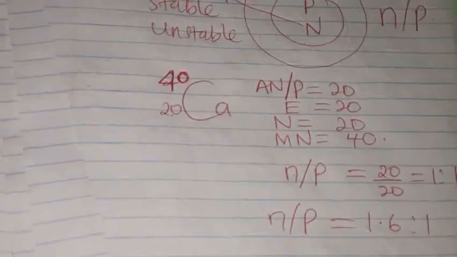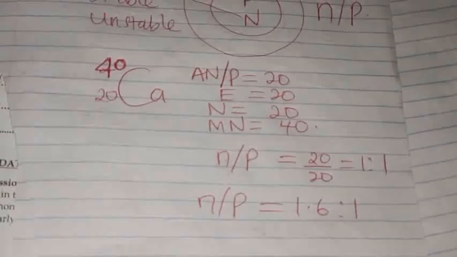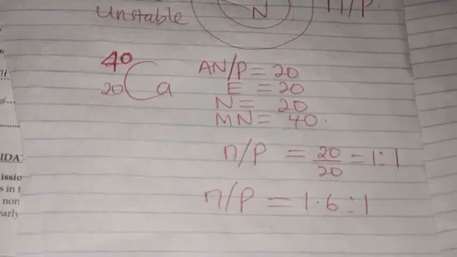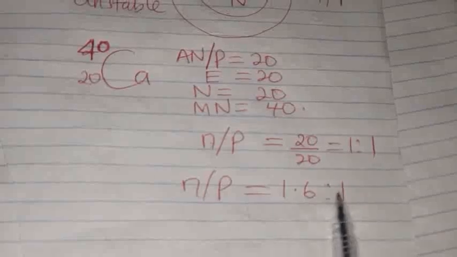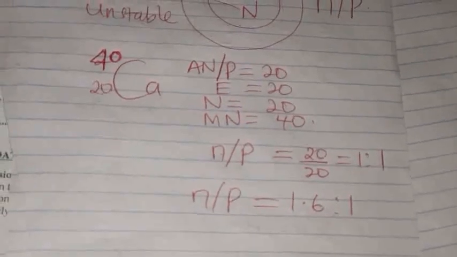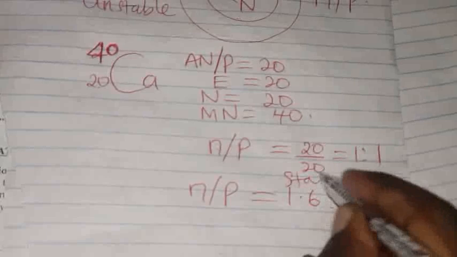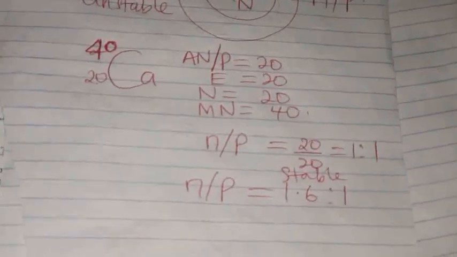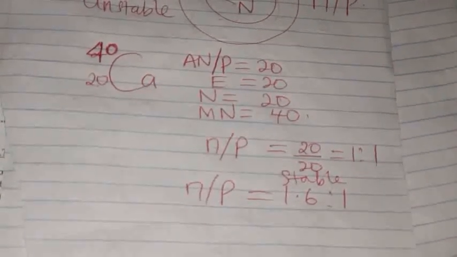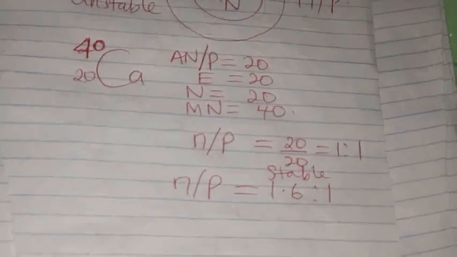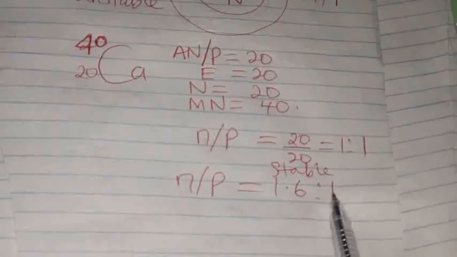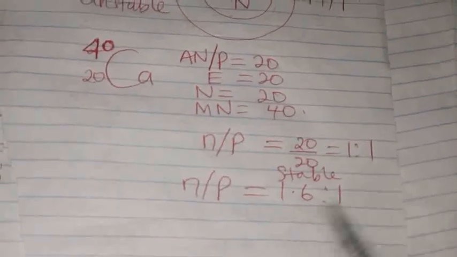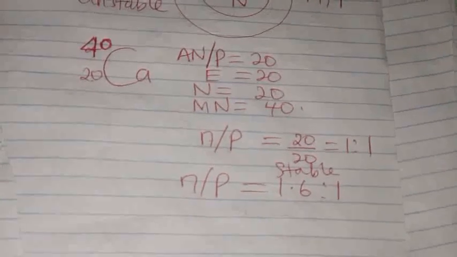I repeat, a nucleus with a ratio of 1.6 to 1 or less is always regarded as stable. But any nuclide having a neutron-proton ratio more than 1.6 to 1 is always regarded as being too large and unstable.